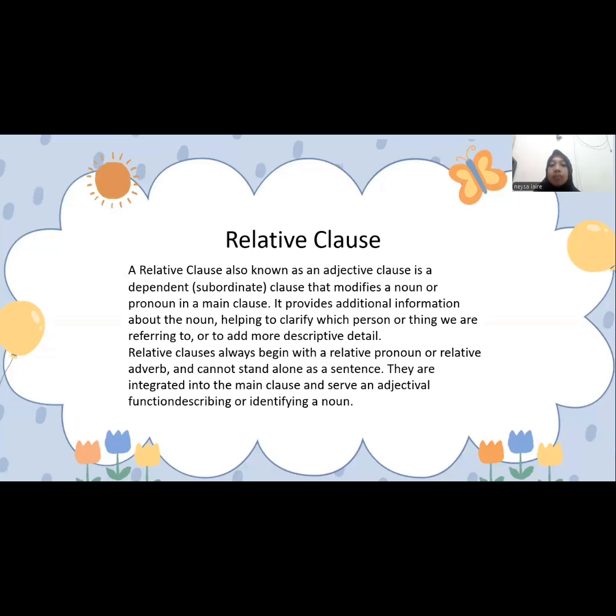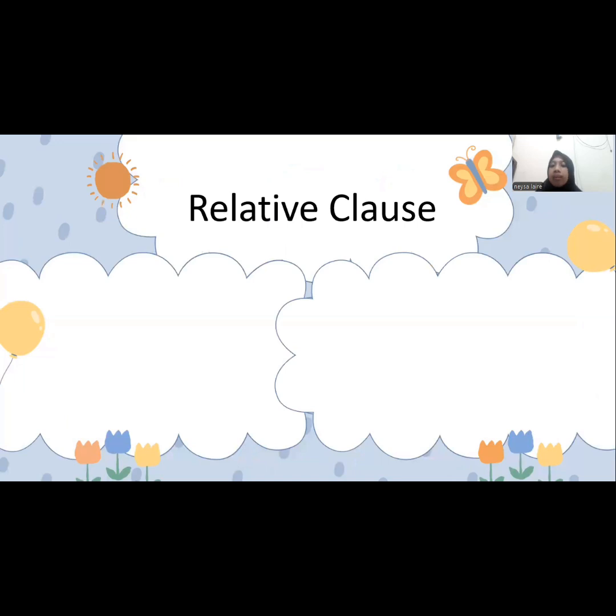Relative clause general structure pattern: main clause plus relative pronoun plus subject or object plus verb. The structure depends on whether the relative pronoun acts as the subject of the clause, the object of the verb, or the object of a preposition.